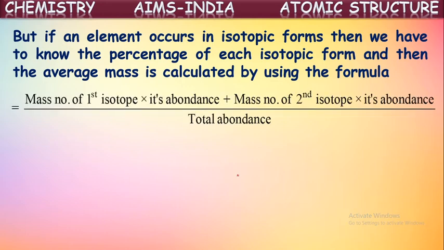The average atomic mass is equal to the mass number of one isotope times its abundance, plus the mass number of the second isotope times its abundance, and if there are more than two, we continue with the mass number of the third isotope times its abundance, divided by the total abundance. This gives the average atomic mass of that element.